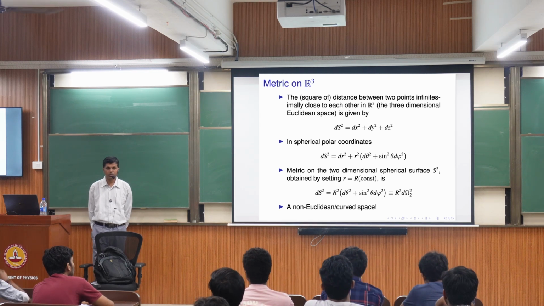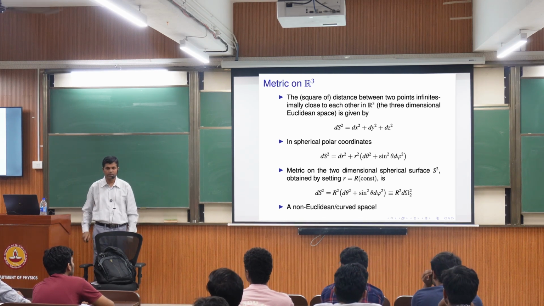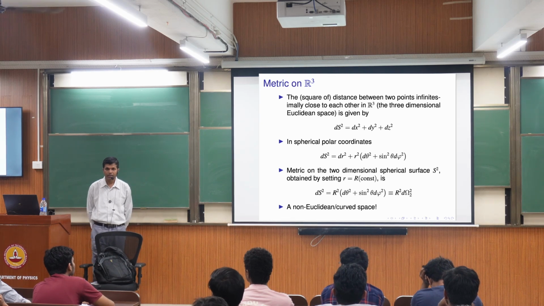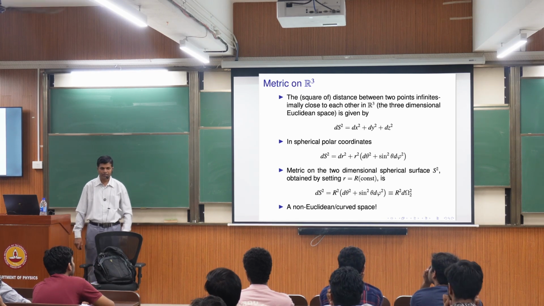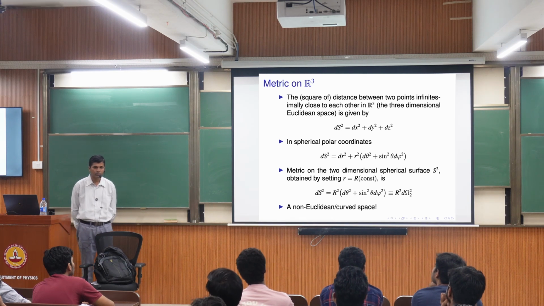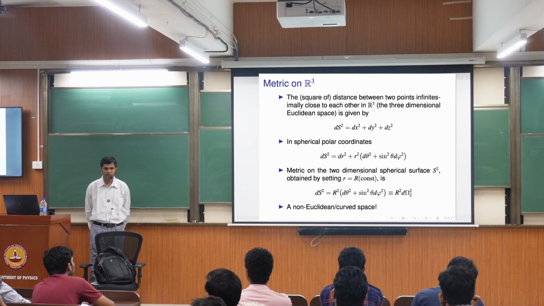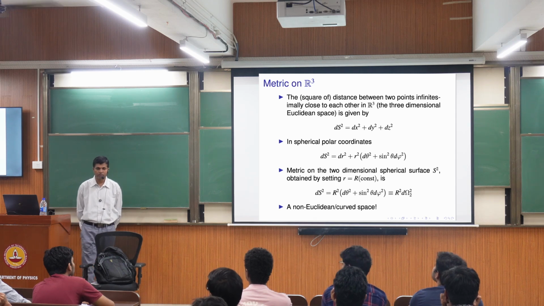In a space, if you consider any two arbitrary points which are infinitesimally close to each other, and if you know the separation between these two points for all the points in this space, then you can compute any geometric quantity like the length of a curve, or area of a surface, or volume of a region. So to compute these geometric objects, what you need is a metric.